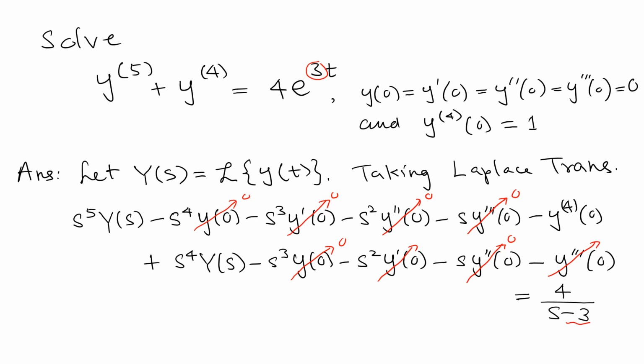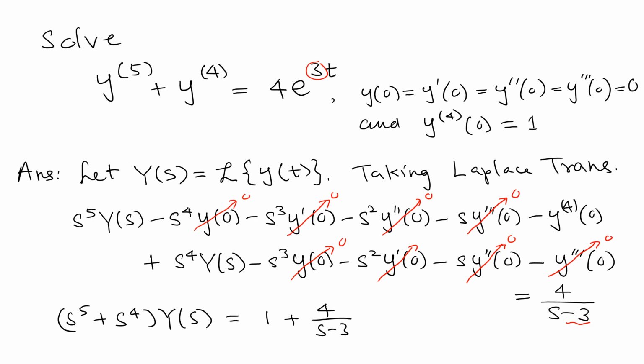So the only term that remains is the fourth derivative, which is equal to 1. When you move it to the other side, you get s to the fifth power plus s to the fourth power times Y(s) equals 1 plus 4 over s minus 3.